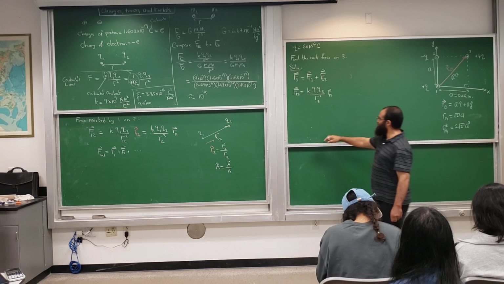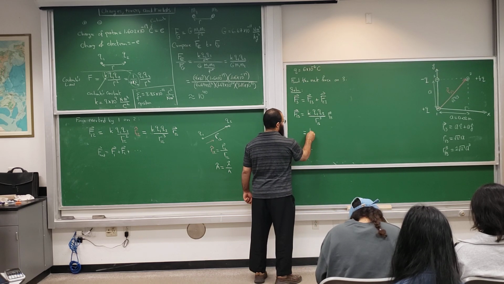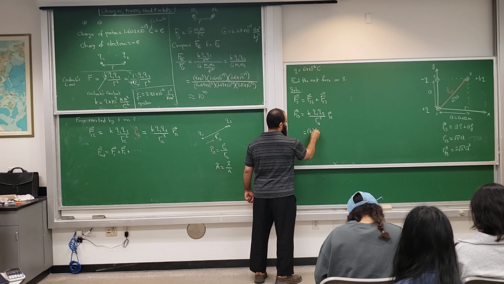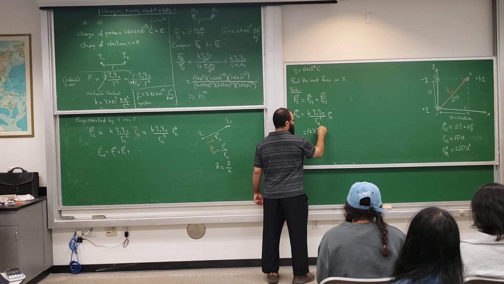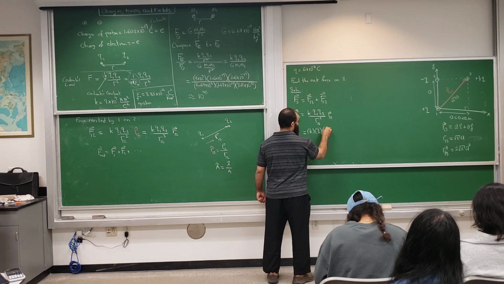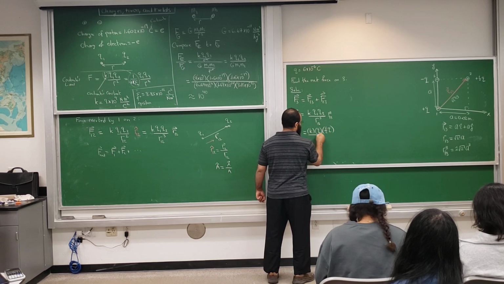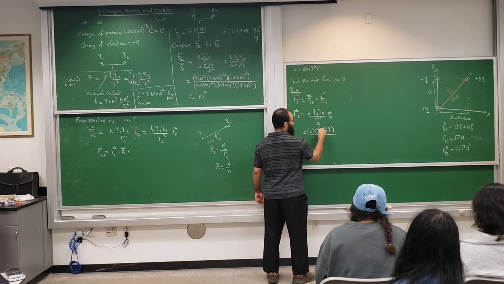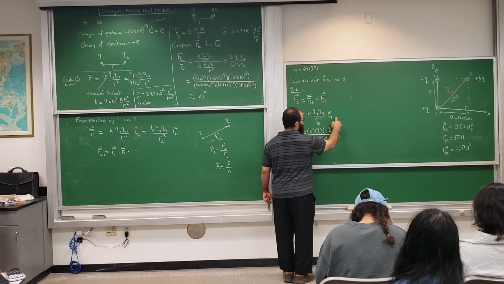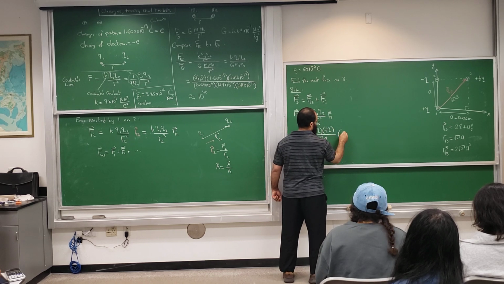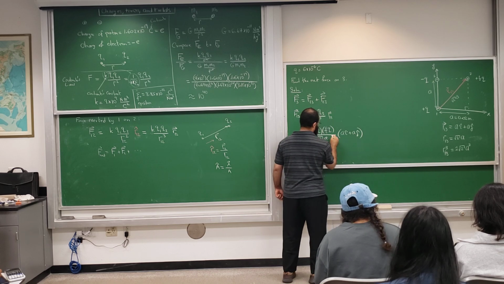So let's substitute here. So we get K, and then Q1 is Q, right? Just Q. I will substitute the numbers at the very end. Q3 is half of Q. And then R13 cubed is 2 root 2 times A cubed, and then the vector is A i hat plus A j hat.